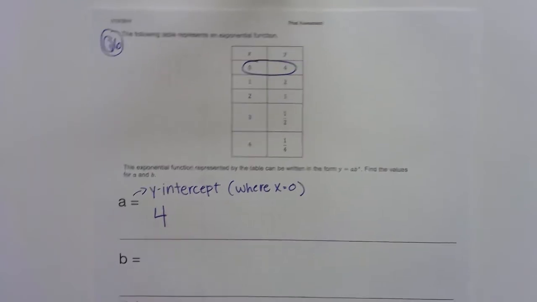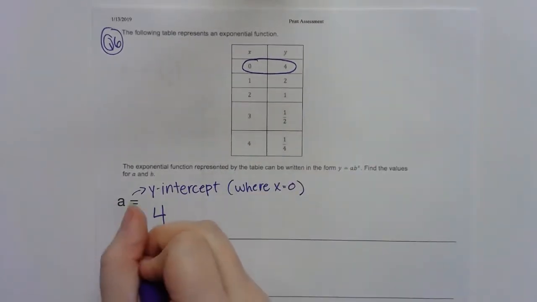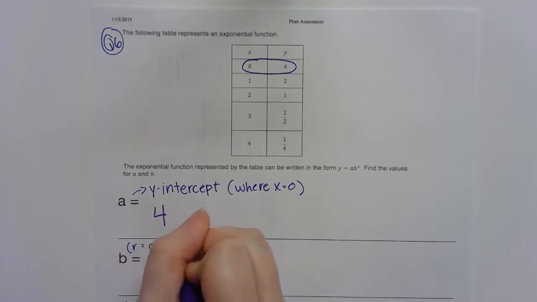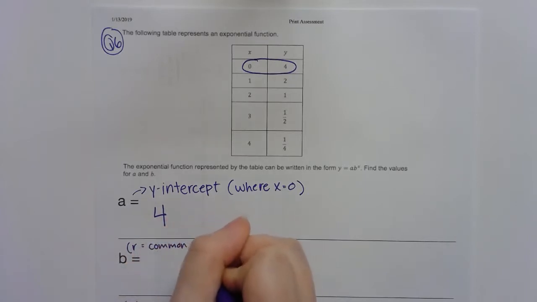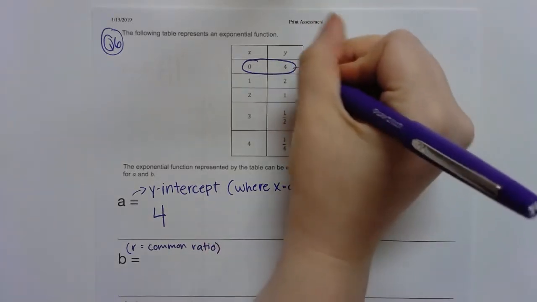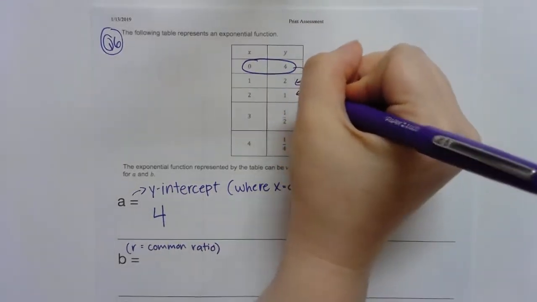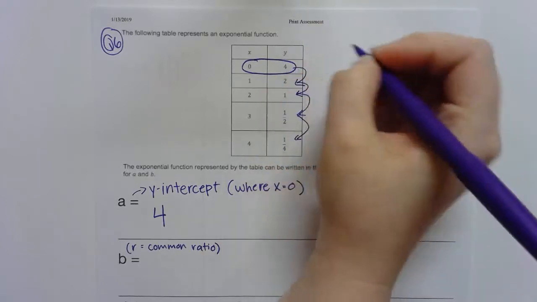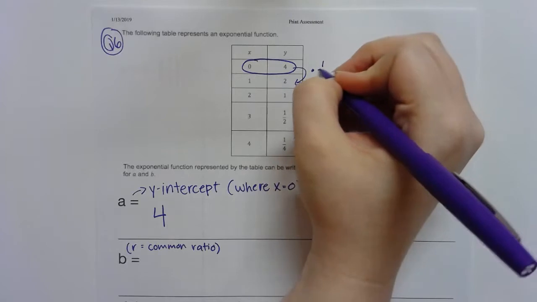And then my b value is my common ratio. It's the same thing as my r, or my common ratio. So in order for me to find that, I need to see what's being multiplied every time. So to get from 4 to 2, I have to multiply by 1/2.